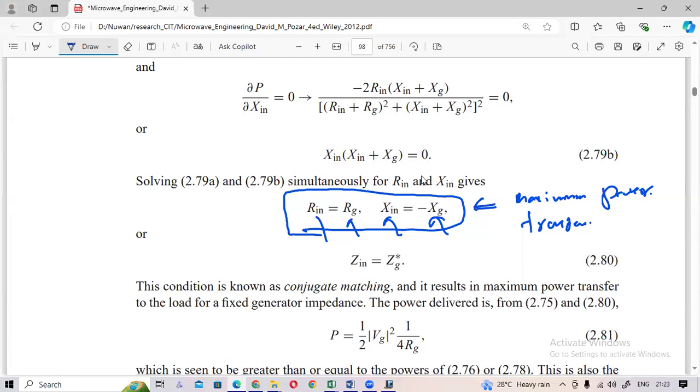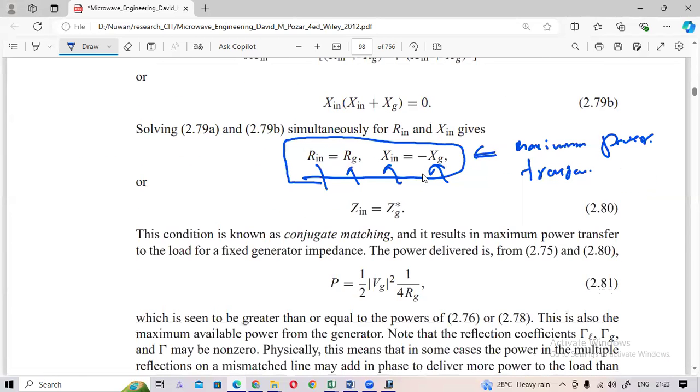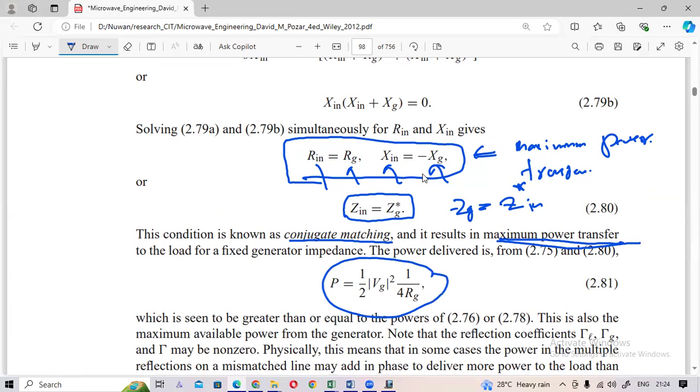So at the conjugate matching, Z in is equal to the conjugate of Zg, or otherwise, Zg is equal to the conjugate of Z in. That is what we normally refer to as conjugate matching. At conjugate matching, there is a maximum power transfer. This is called the maximum power transfer scenario.